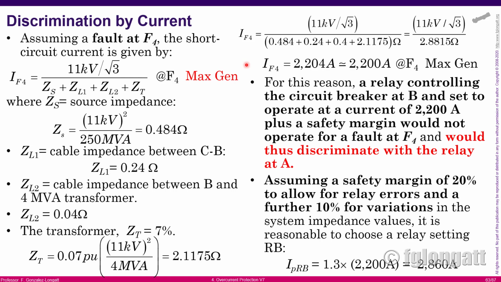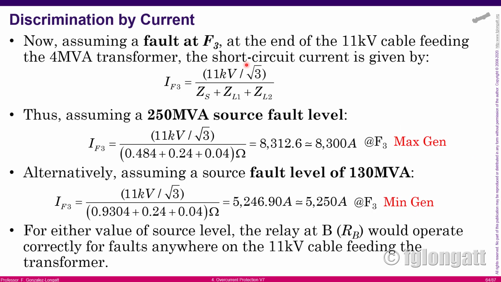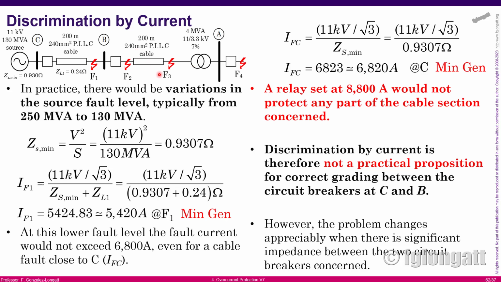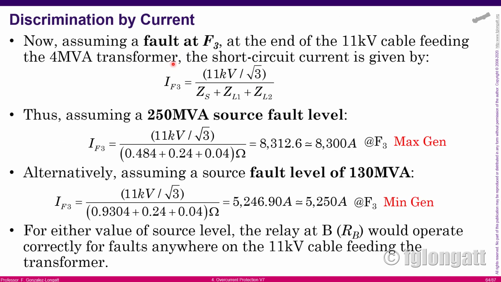Okay, now finally, just for a short comparison, let me talk about a fault at F3. Okay, F3 is the point that is on the high voltage side of the 4 MVA transformer. If we calculate the short circuit levels using the maximum generation capacity, 250 MVA, the short circuit current is 0.3.